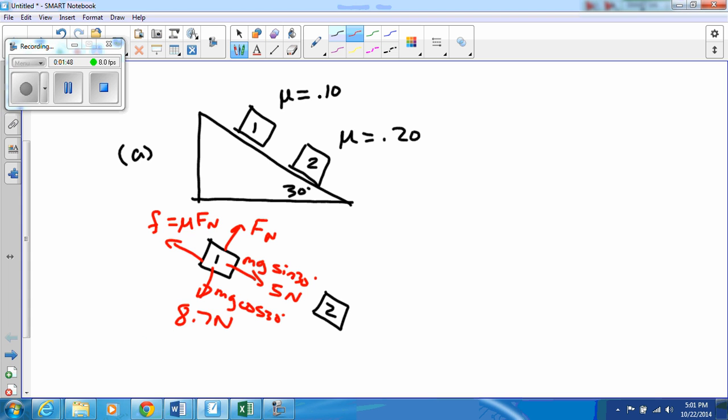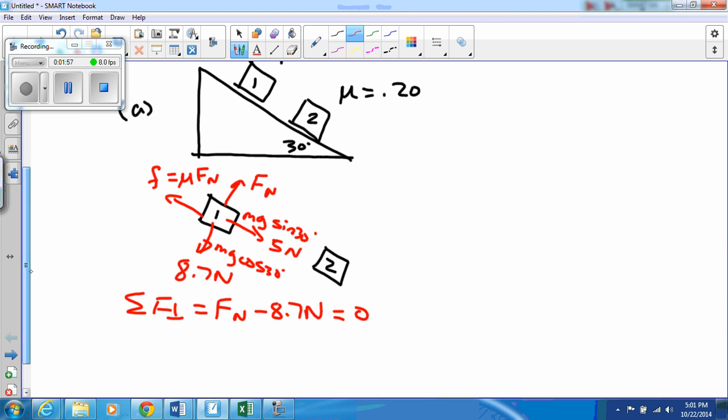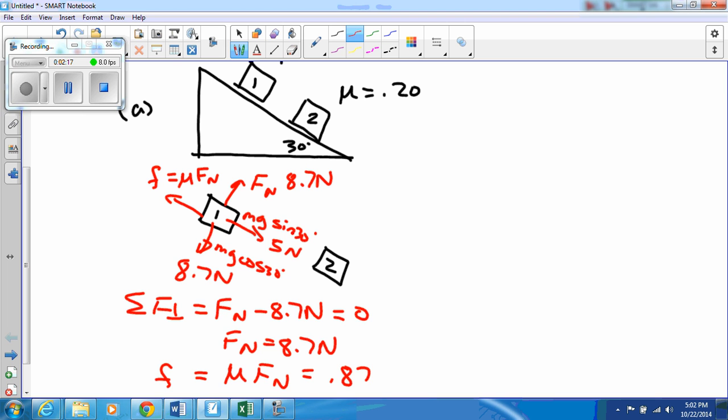And because the sum of forces in the perpendicular direction is going to be 0, and there are only two forces, the component of gravity perpendicular and the normal force, immediately we have Fn is equal to 8.7 newtons also. And finally, the force of friction, F is equal to mu times the normal, which is going to be 0.87 newtons here.